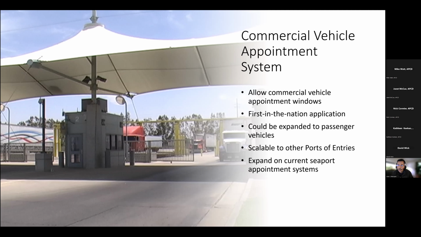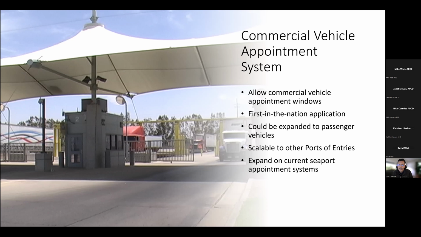So we're looking at their system to see what elements of it we could implement at the border, and what lessons learned from what the seaports of LA and Long Beach are doing we can apply. There's a lot of unknowns right now, so we're just starting this effort. One of the things that we're doing is reviewing different technologies and different protocols.